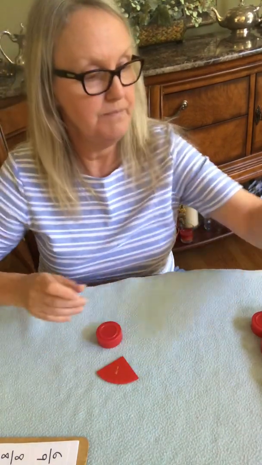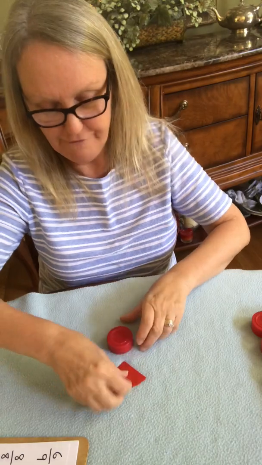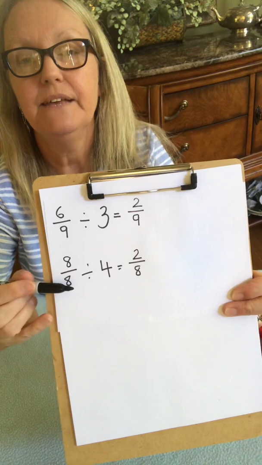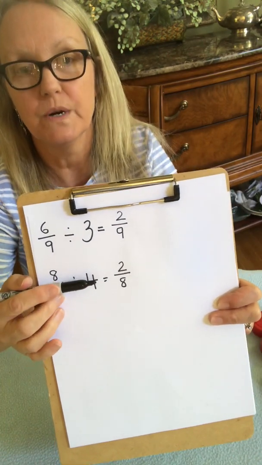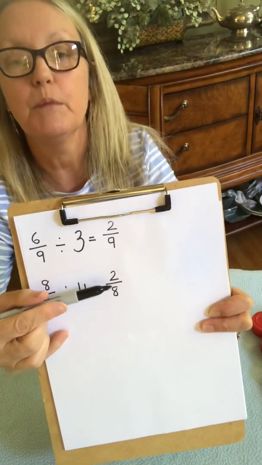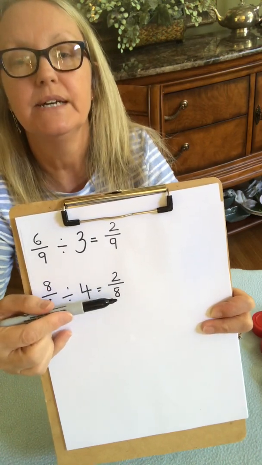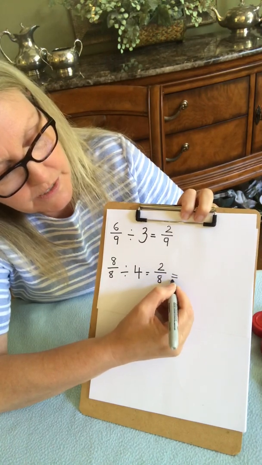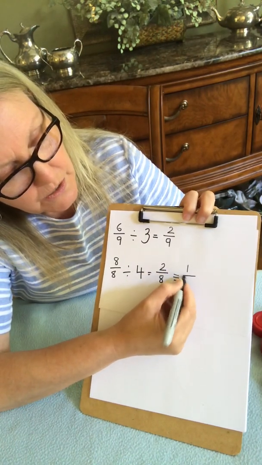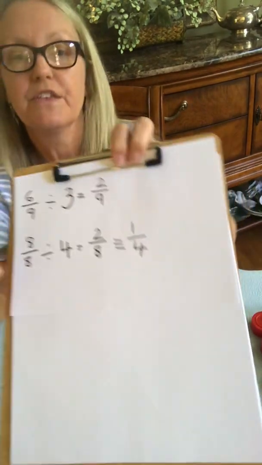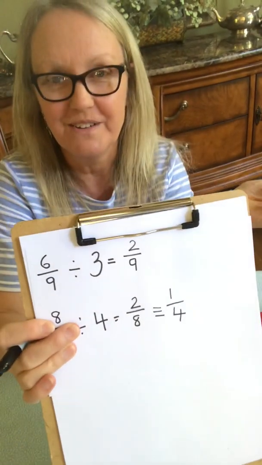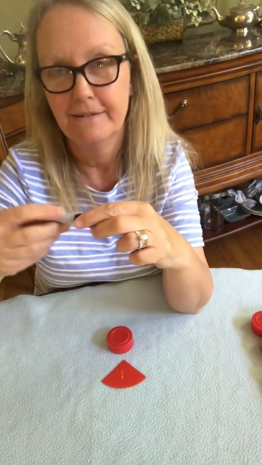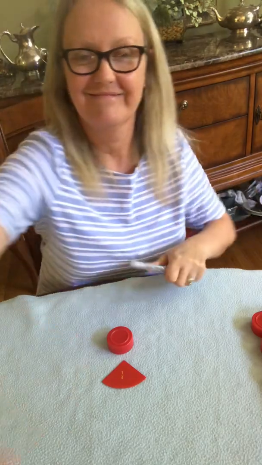So I'm going to trade them, and I have my final quotient. I had 8/8. I divided by 4. And when I finished sharing out, each little bottle top or unit had 2/8. And we found out that that was equivalent to 1/4, and that was my final quotient. So that's division when you're dividing by a whole number. Bye-bye.